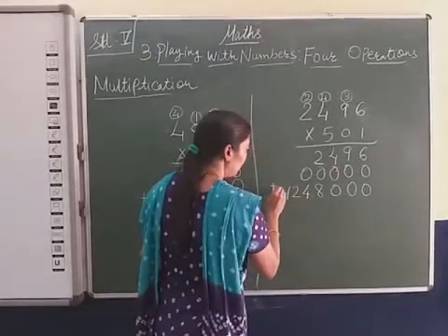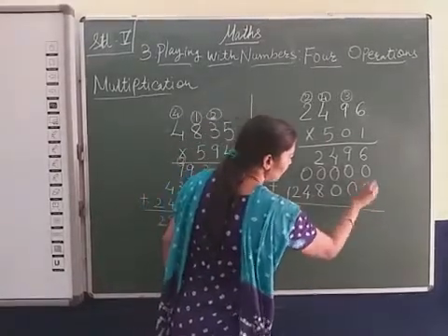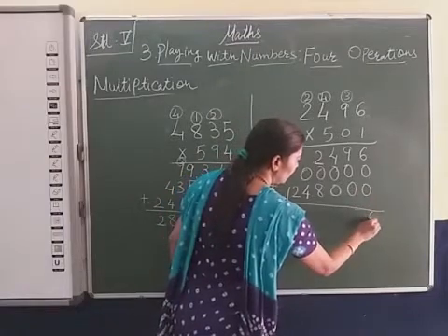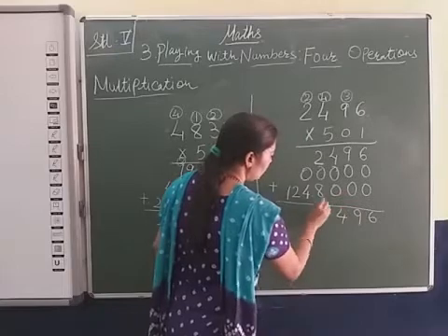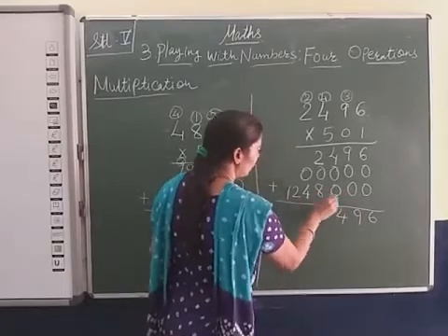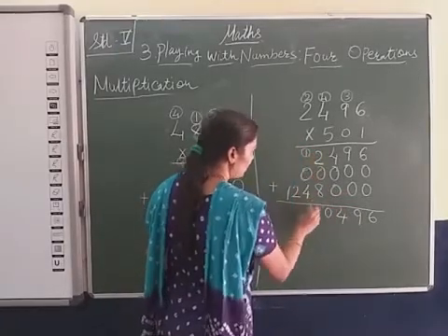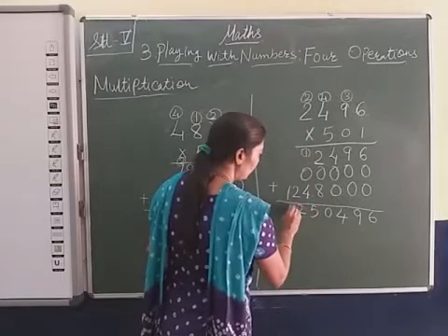Now let me add this: 6 plus 0 0 is 6, 9, 4, 8 plus 2 is 10, 0, 1 is carry forward, 5, 2, 1.